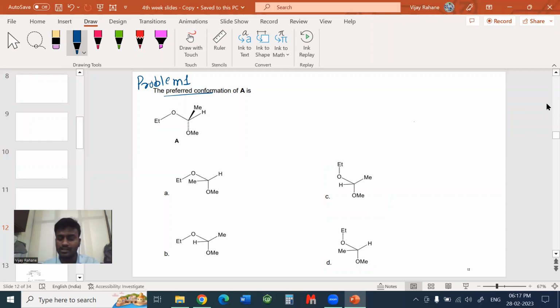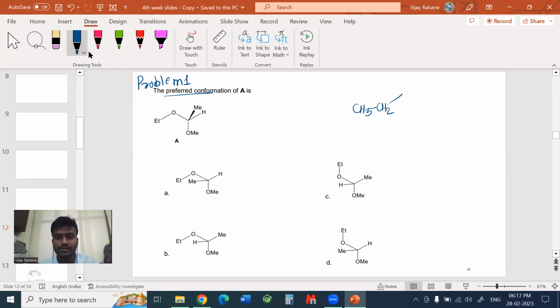So we'll see what are the main groups present in this structure. Firstly, the ethyl. We'll split the structure so that we can visualize properly.